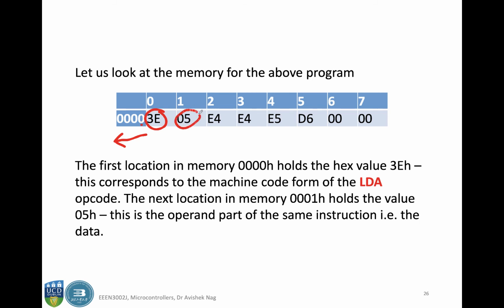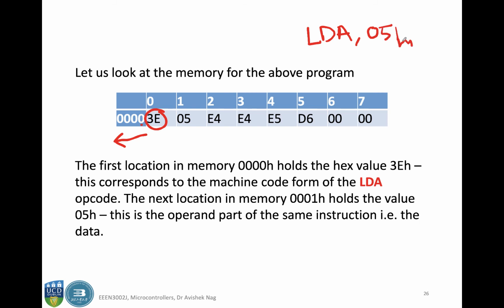So this is the operand. Remember the first line is load A with the data 05 hex. That was the first line.